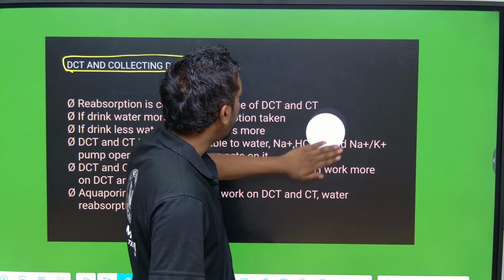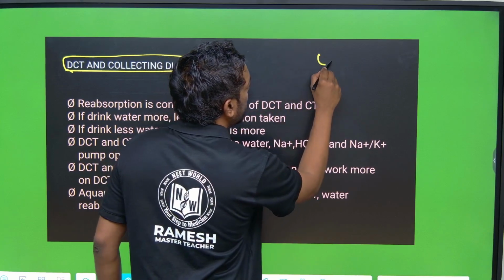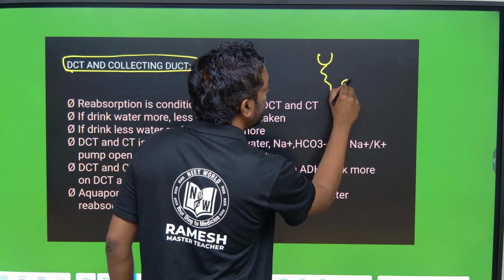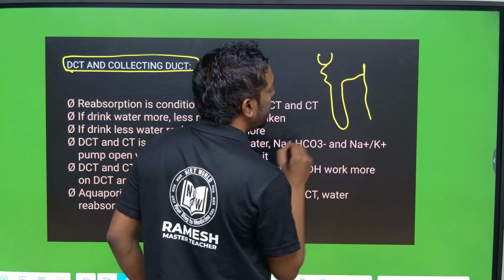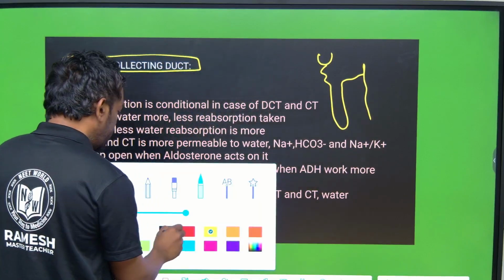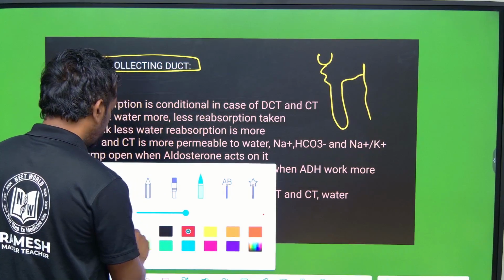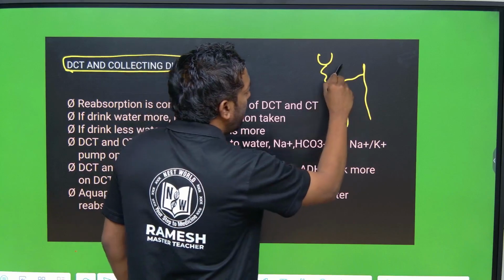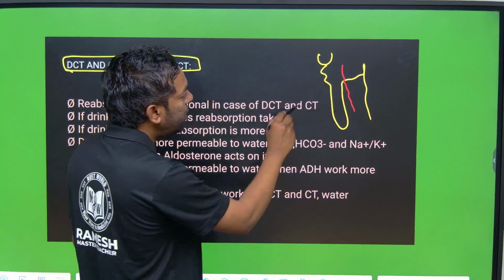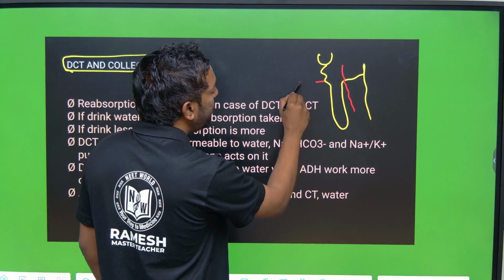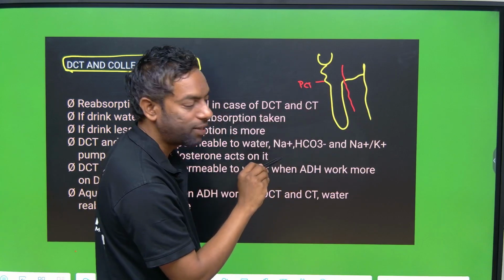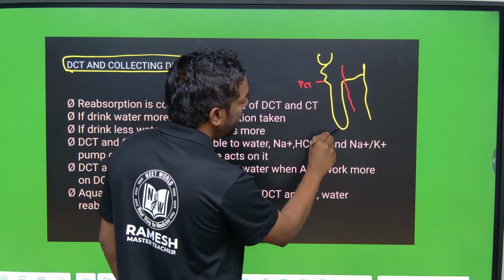In this nephron, a different kind of reabsorption takes place. Absorption or secretion takes place in the PCT and Henle limb.